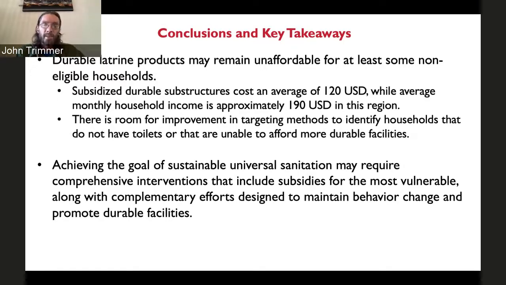So that's suggestive that it might be worth thinking about using those, maybe plus some additional criteria, to focus on making sure we're identifying those specific households that don't have toilets.